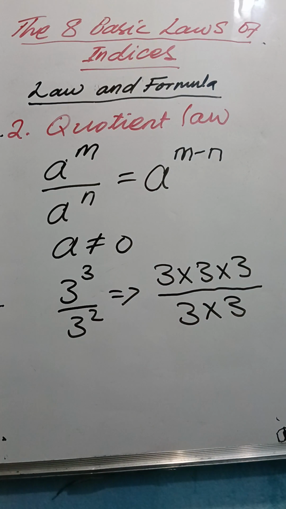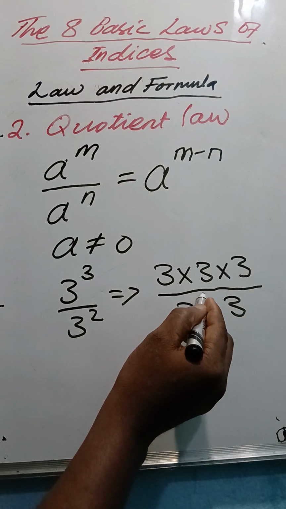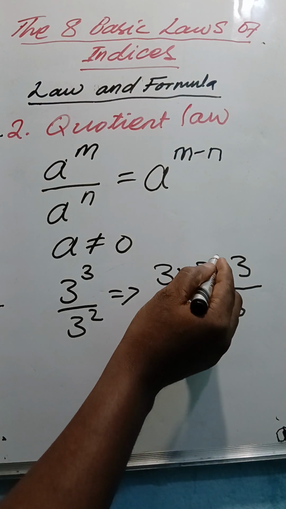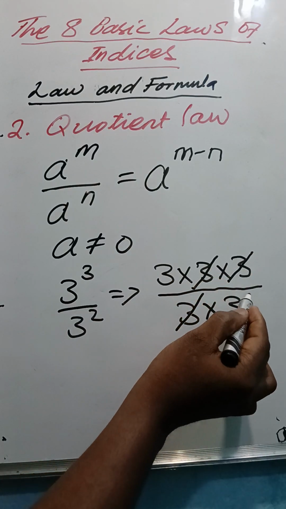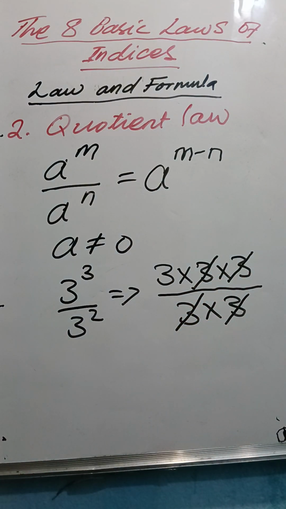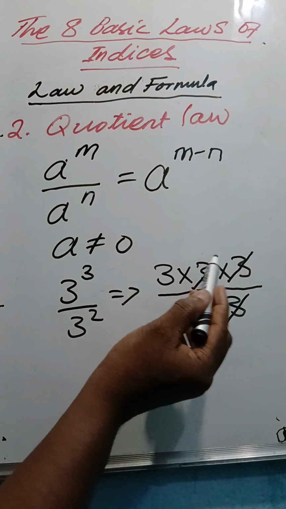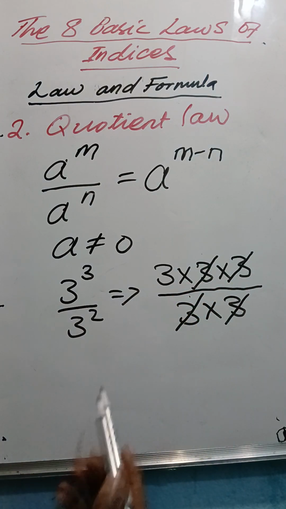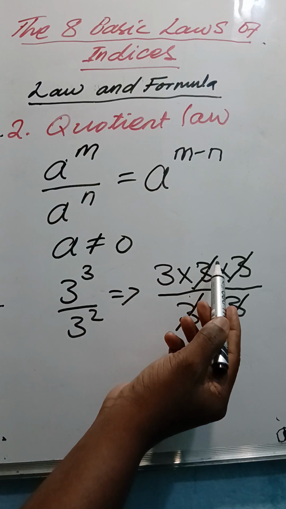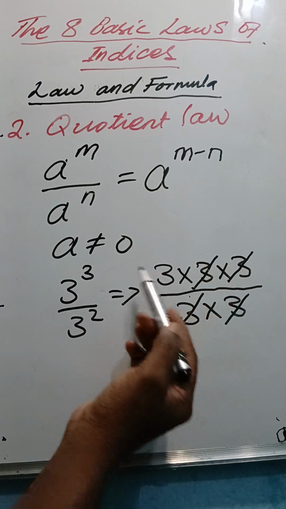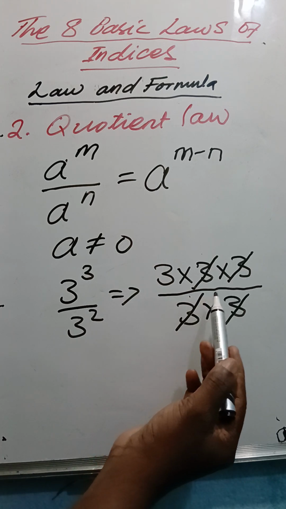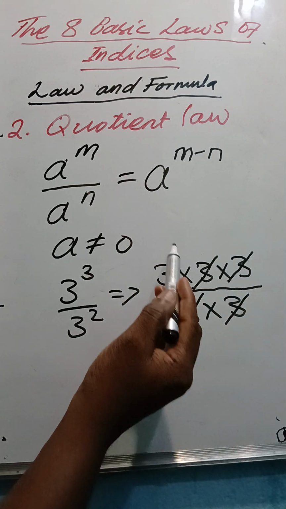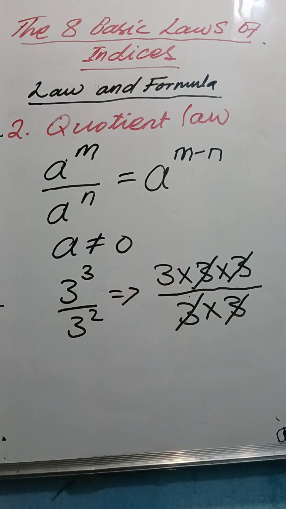So all we can do is just cancel here, all right? Simple mathematics, this will cancel out. So what we'll have is 1 here, 1 there, 1 there, 1 there. So 3 times 1 times 1, that will give you 3. And then here we'll have 1 times 1. So 3 divided by 1.